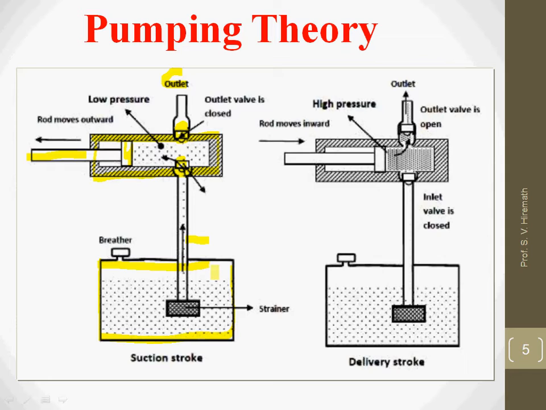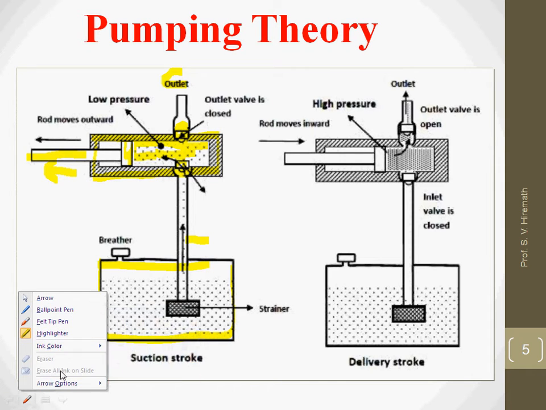So the pumping theory can be discussed by considering the two check valves as well as the whole hydraulic system, whatever I am showing here. Initially, during the left side movement of this piston rod, there is an increase in the volume here, right?